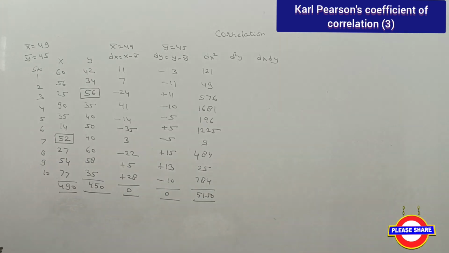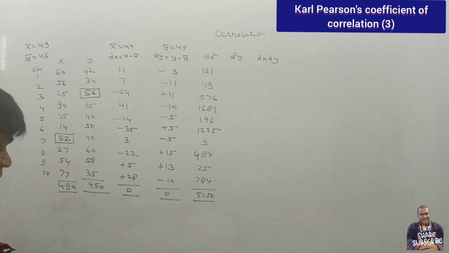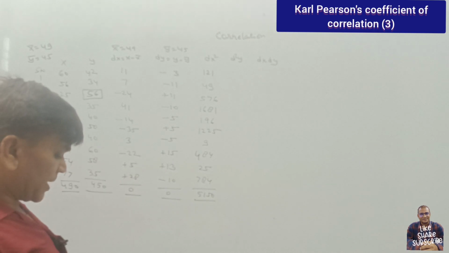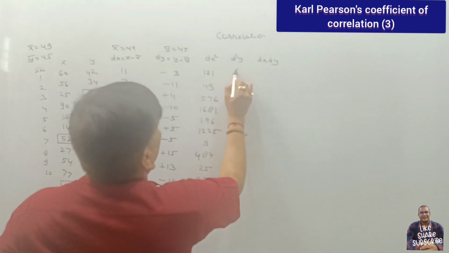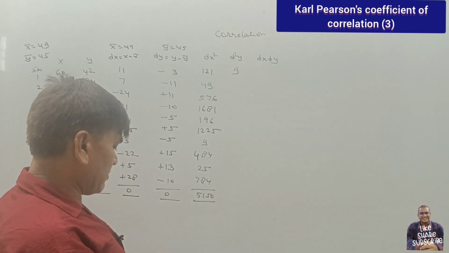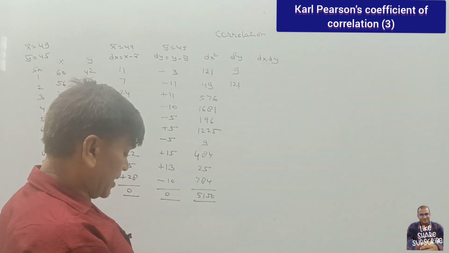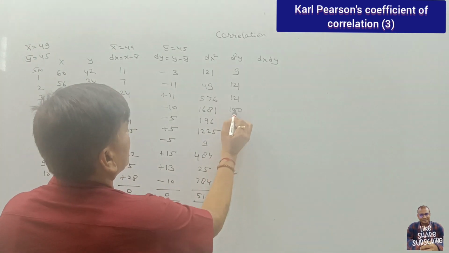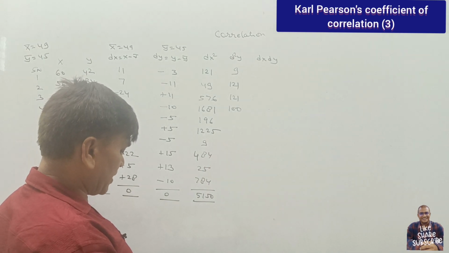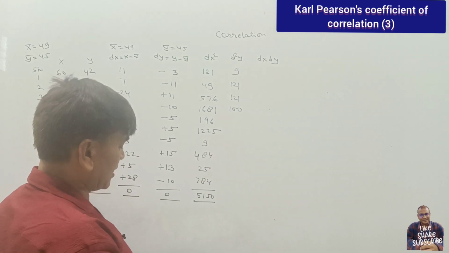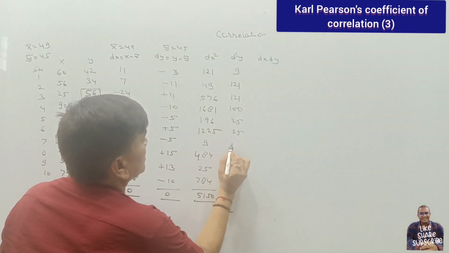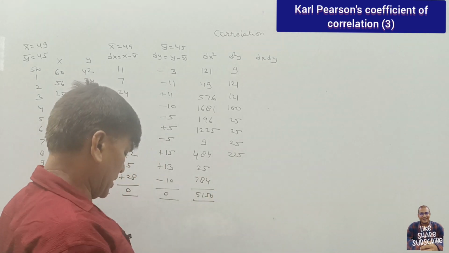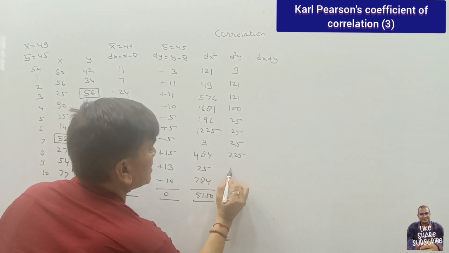I am using memory. You can also use memory for getting the total of this. This is 3 multiply 3 in memory plus, 9. 11 multiply 11 in memory plus, 121. Again 121 plus value. 10 multiply 10, that is 100, memory plus. 5 multiply 5, 25, 1 time, 2 times, 3 times. 15 multiply 15, that is 225. 13 multiply 13, that is 169.